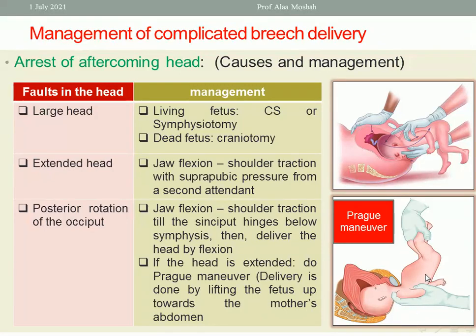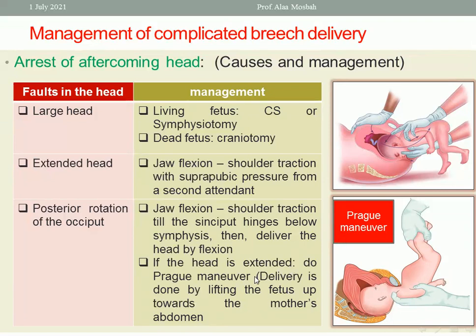Don't leave the trunk to rotate to become posterior or downward like that. This is a problem. So what we are going to do, first do jaw flexion, shoulder traction, but in reverse direction. Two fingers on the maxilla, trying to flex the head, then shoulder traction and deliver the head in flexion towards the mother's abdomen.